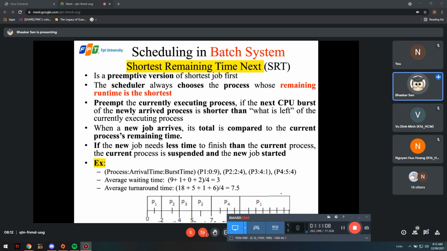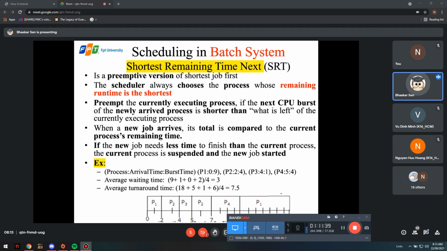So as we can see, the first thing, pay attention to the picture below, and that is what you will have to do if they ask you this sort of question. P1 came first, arrival time 0. So P1 took the CPU. But P1 needed 9 bursts to finish its task. After 2 bursts, P2 arrived.